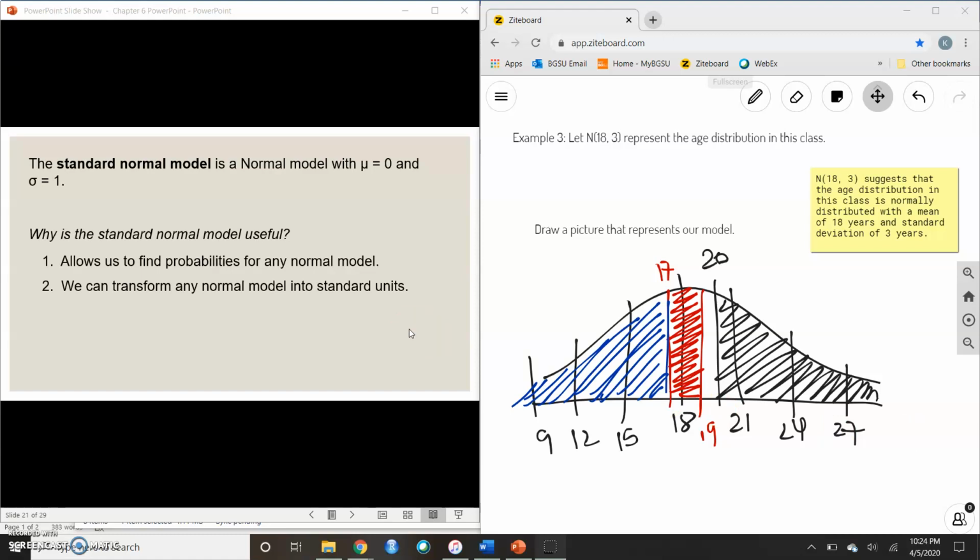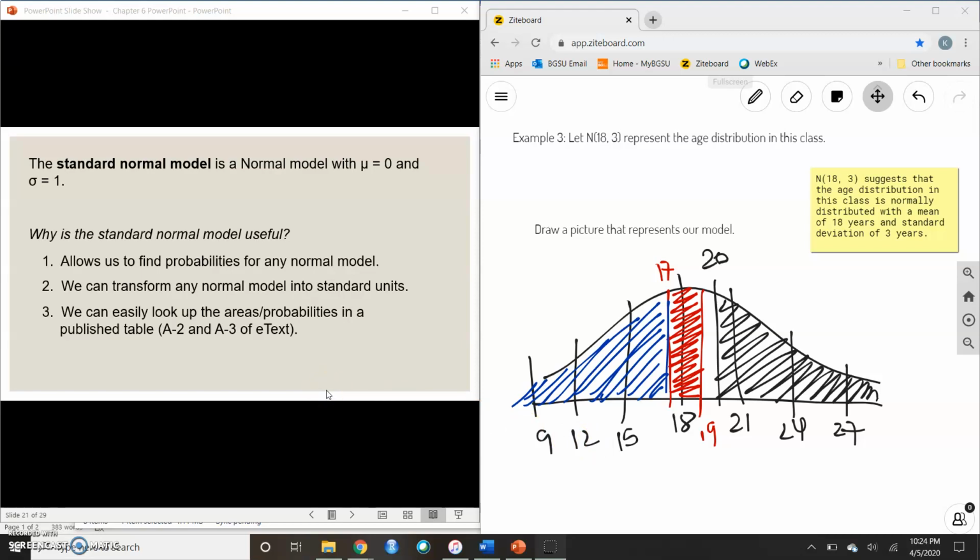Number two, the standard normal model is useful because we can transform any normal model into standard units. I can go from a model like what I've drawn right here into a standard normal model, and then use that standard normal model to find probabilities.